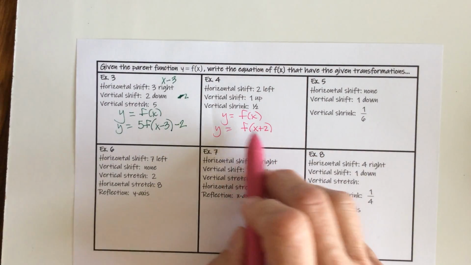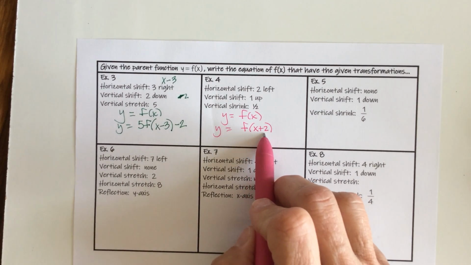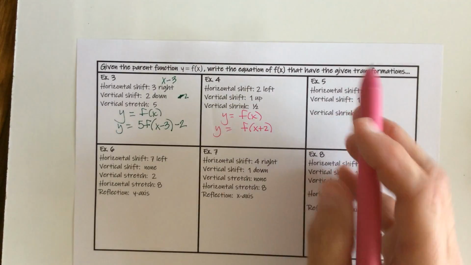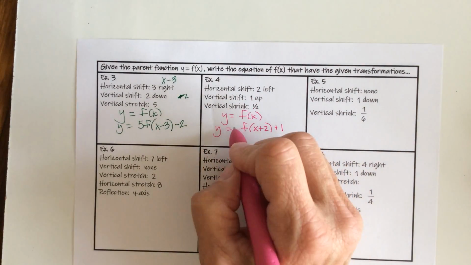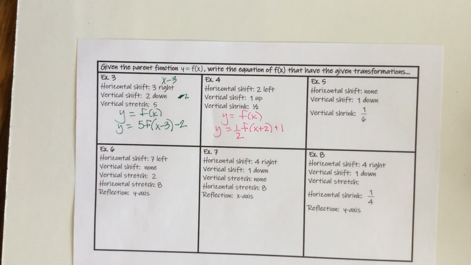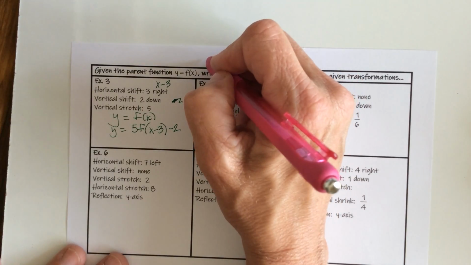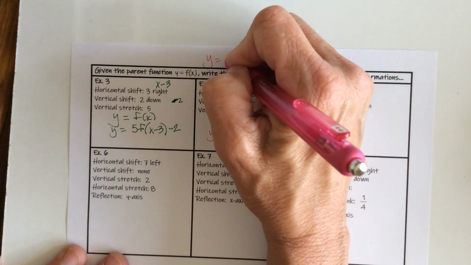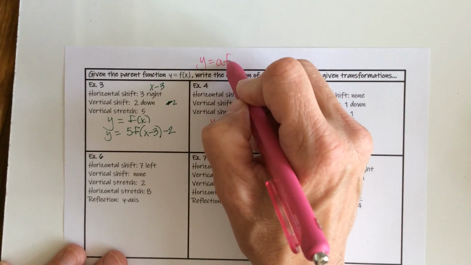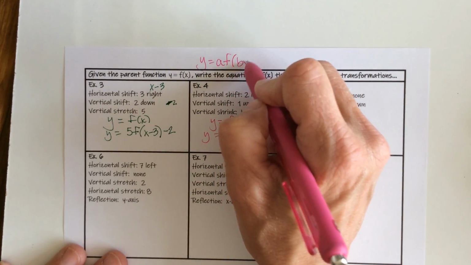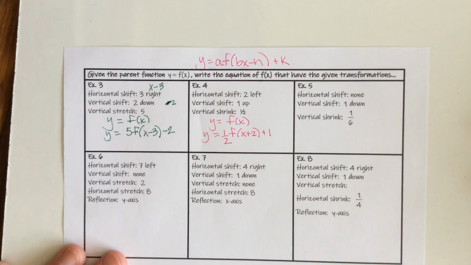So it's the function where x plus 2 will have a vertical shift of 1 up, and we have a vertical shrink of 1/2. And again, remember, we're just working with functions that are in the form of y equals a times f of bx minus h plus k.